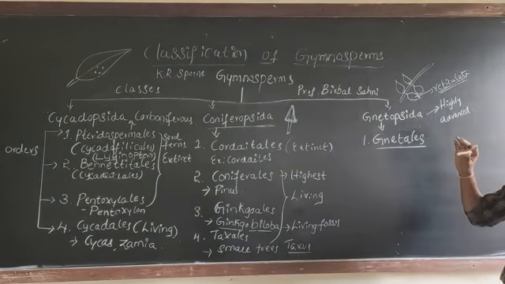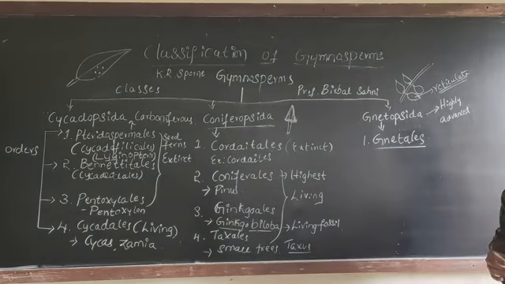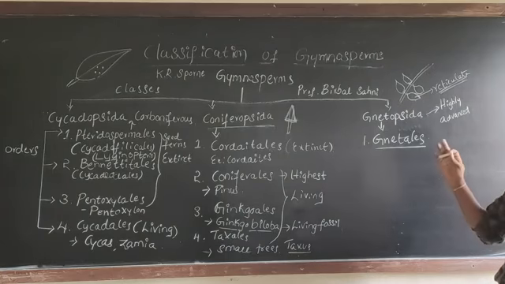And if you look at the anatomy of the stem, they show anomalous secondary growth, which is one of the characteristic features of angiosperms.